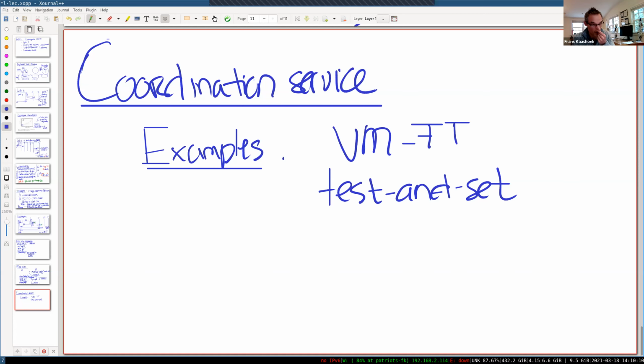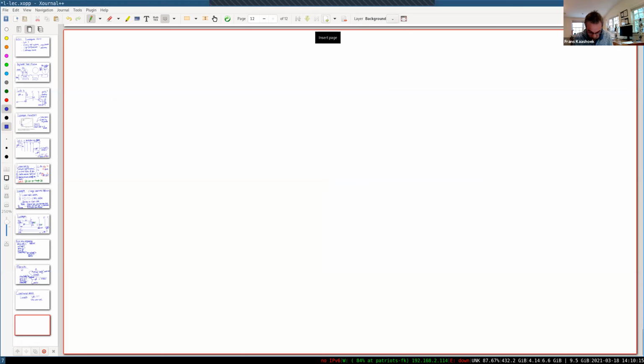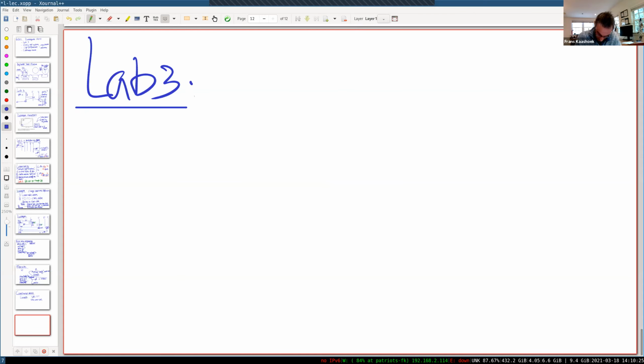To make that a little bit more concrete, let's think about whether you could get that with lab 3. You can basically get a test and set type thing. Let's do a very simple case. Here's our simple implementation of test and set.